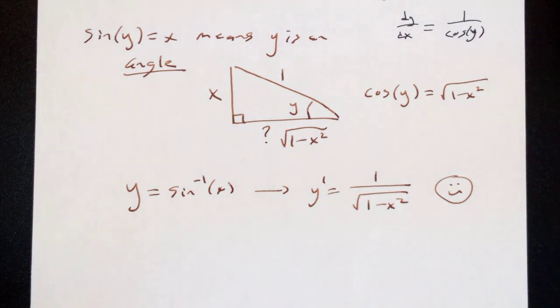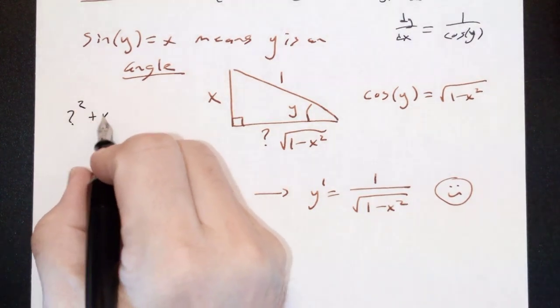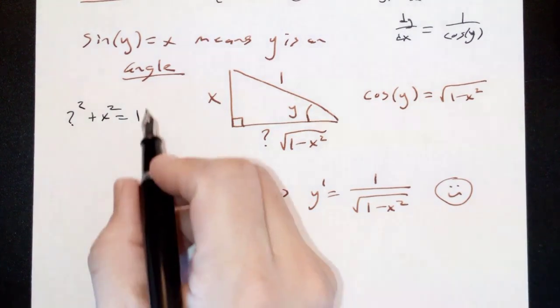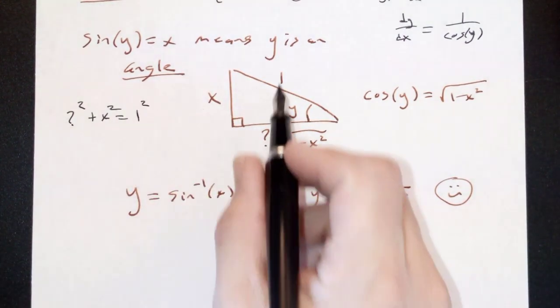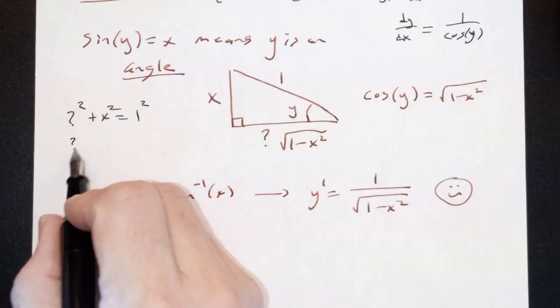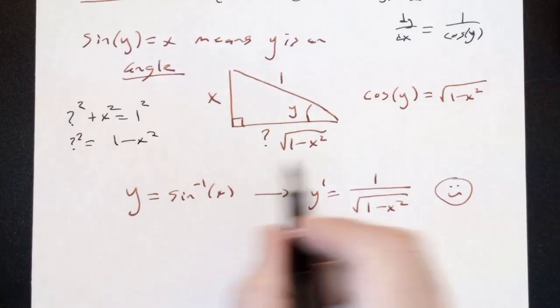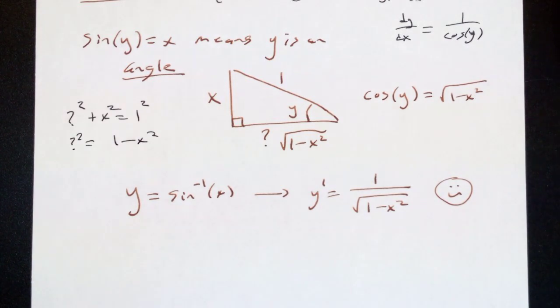Pythagorean theorem: a squared plus b squared equals c squared. So question mark squared is 1 minus x squared. I take the square root. You're welcome. More questions. I found an explicit version of my derivative. It took a little work. But now I can do the derivative of an inverse function.